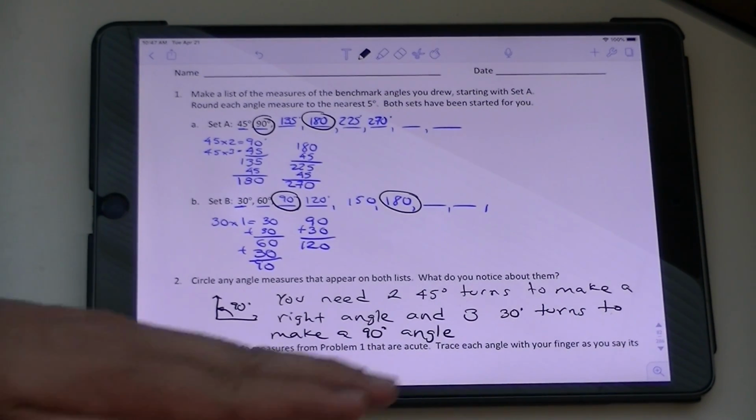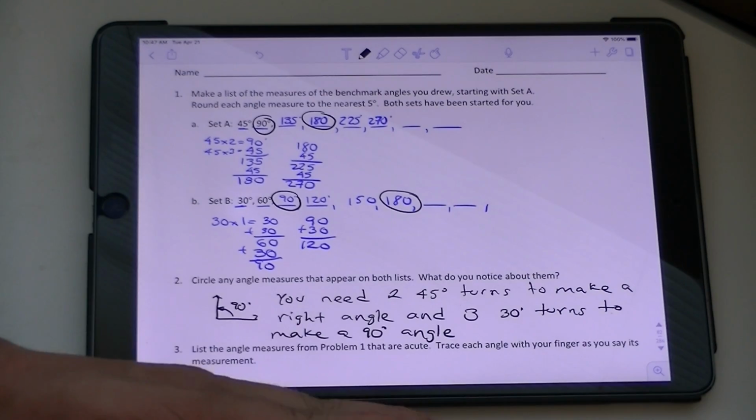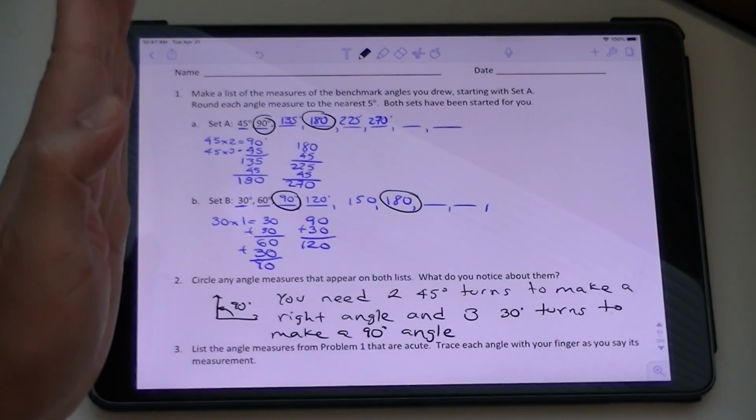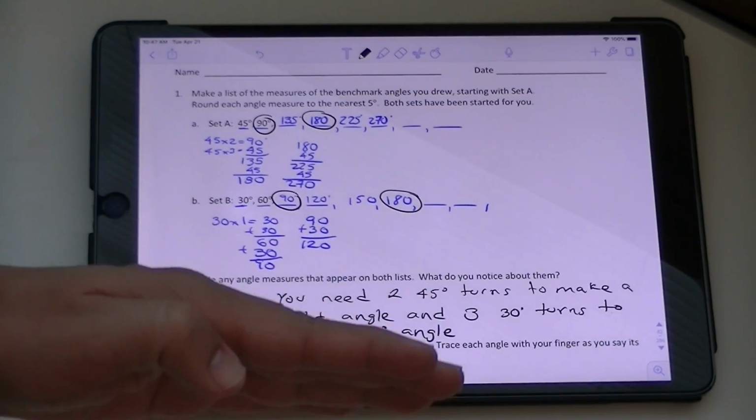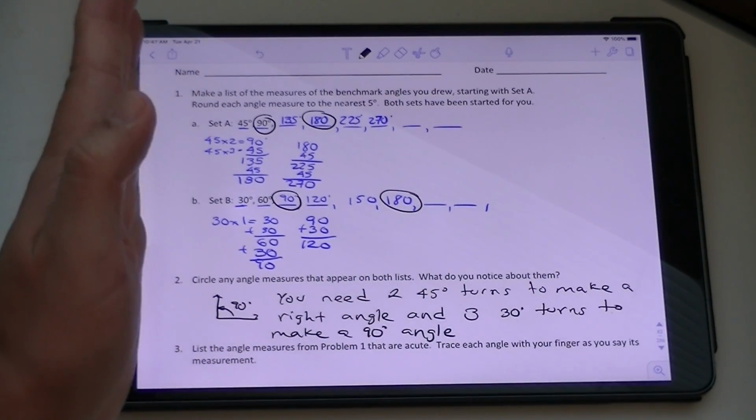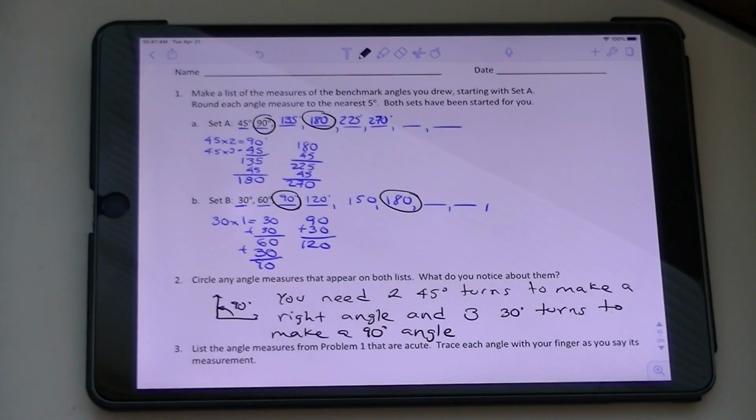Okay, so what you're saying is that if it's at 0, you need 45, 90, you need 2 45s to make a 90, or you need 1, 2, 3 30-degree angles to make a 90.